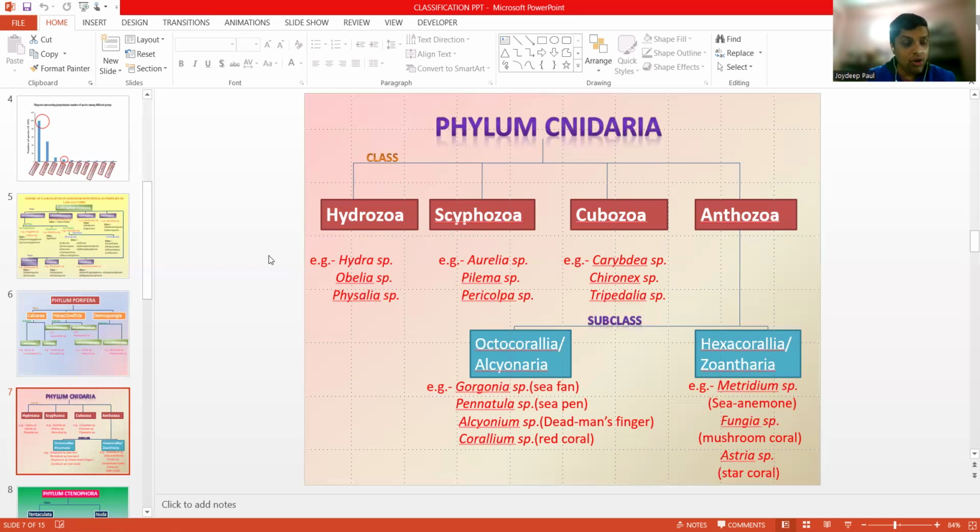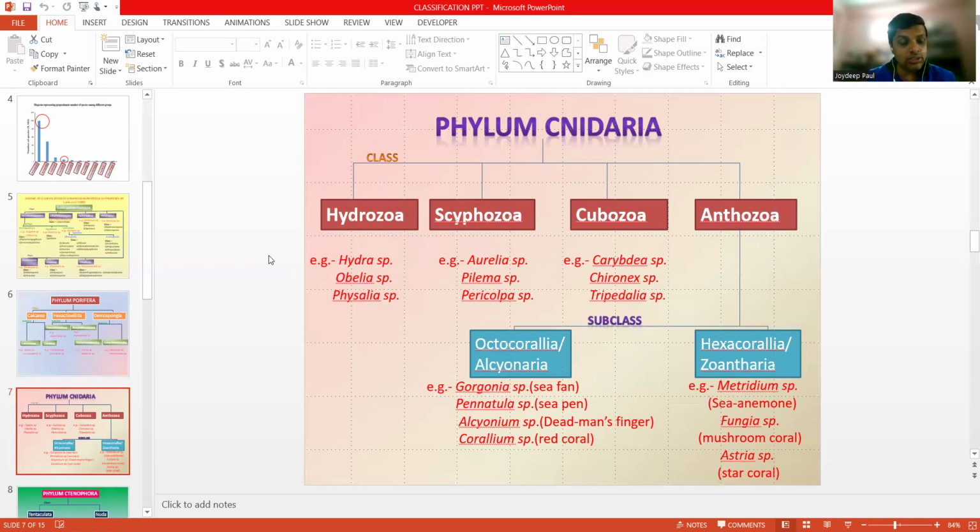The coelenterate body is a two-layered sac opening to the exterior by a single aperture called mouth. The mouth is surrounded by a number of tentacles and leads into the gastrovascular cavity or coelenteron.